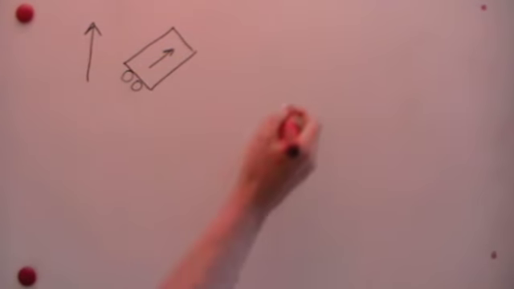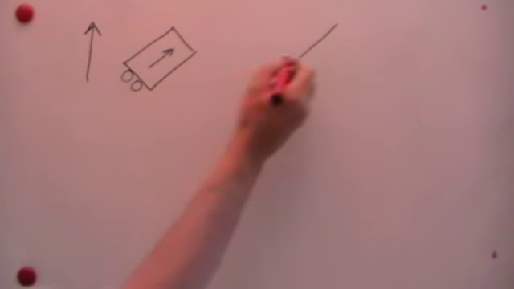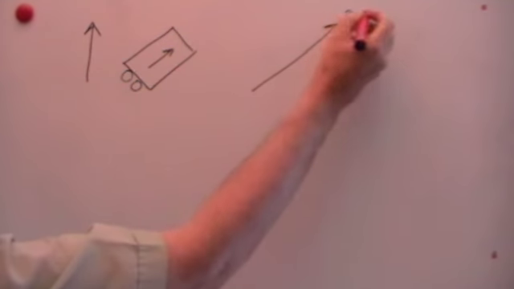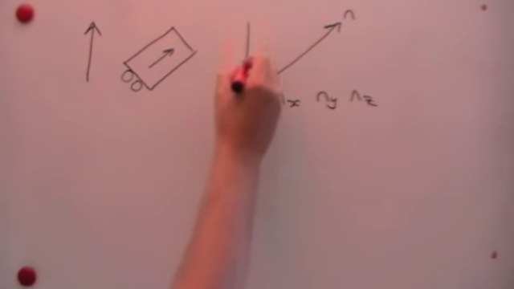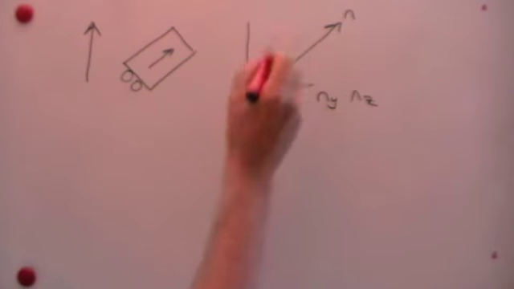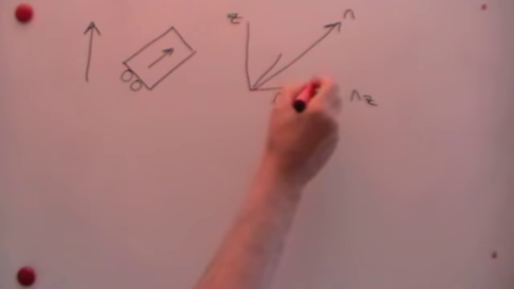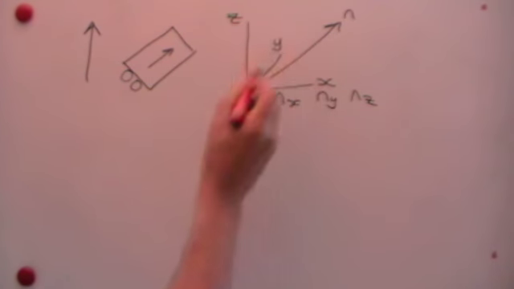Well, essentially, this device here can be represented by a vector, which I shall call n. And that vector will have three components. It will have an nx component, an ny component, and an nz component along the three axes. This is the z-axis, this is the x-axis, this is the y-axis.